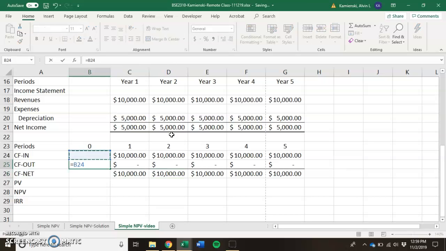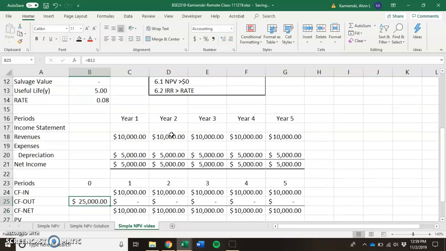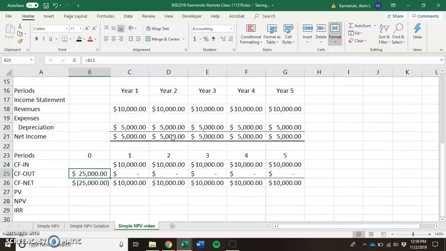How does that all start? Well, in the first period, we have to buy, not in the first period that's shown in column B, meaning period 0. So in period 0, we're actually losing cash flows of $25,000 as we purchase the item.